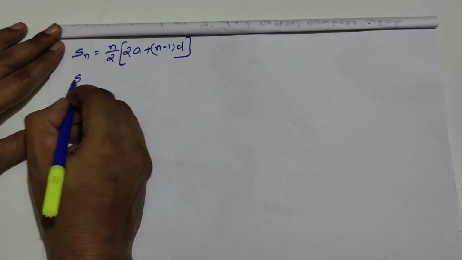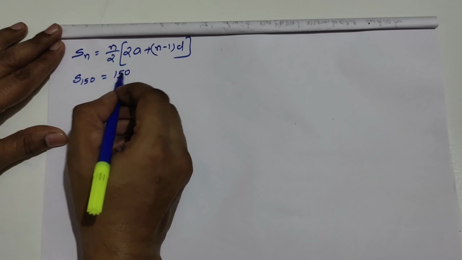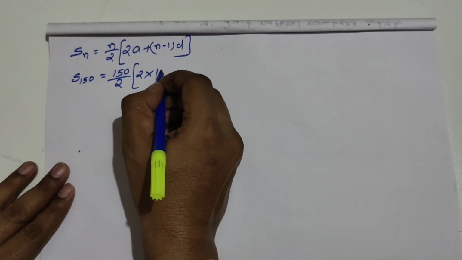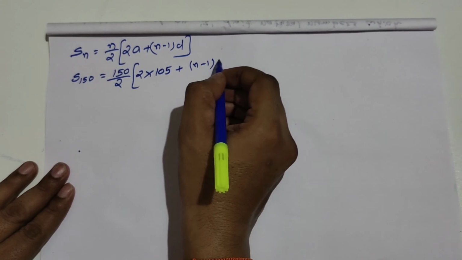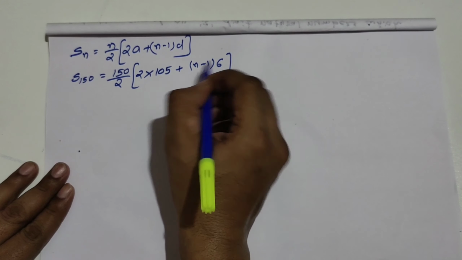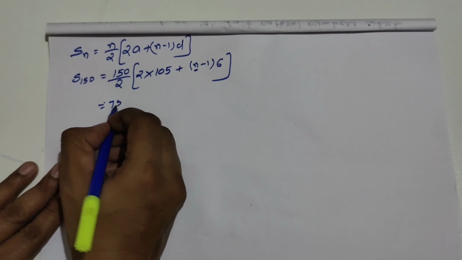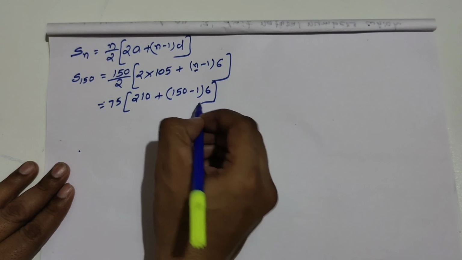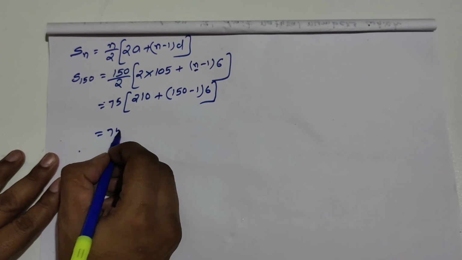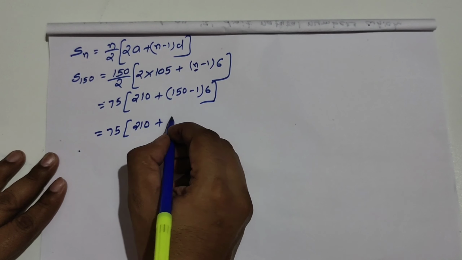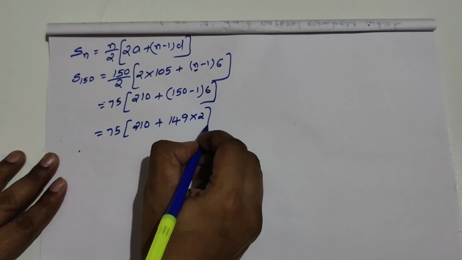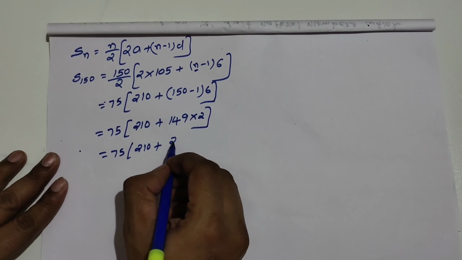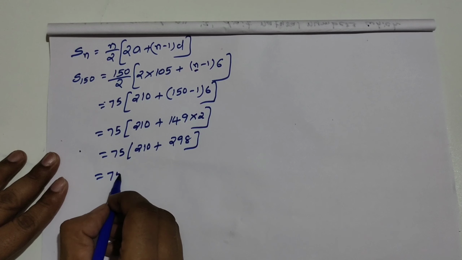Now substitute n value 150, the sum of those 150 numbers. 150 by 2 into, a value 105, so 2a is 210, plus n minus 1 into d value 6. Then we get 75 into 210 plus 149 into 6.